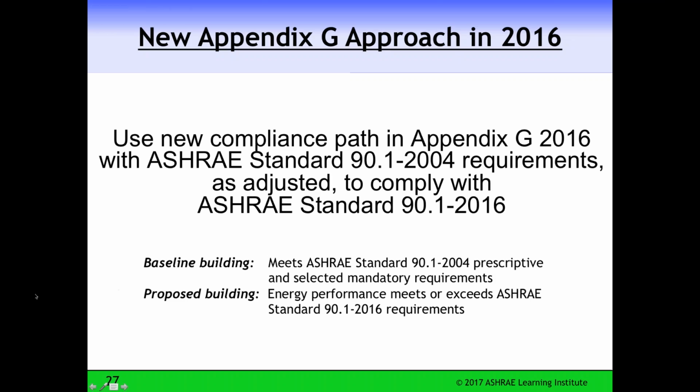So it's a new requirement that Appendix G uses the prescriptive requirements of Standard 90.1-2004, which are now embedded in Appendix G in 2016. The major change in the process is very innovative, and hopefully results in a lot of simplicity as it gets settled in.